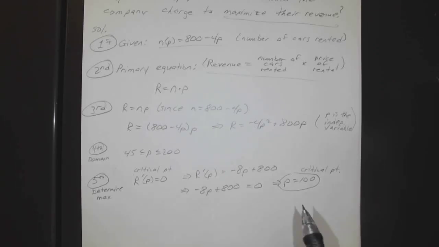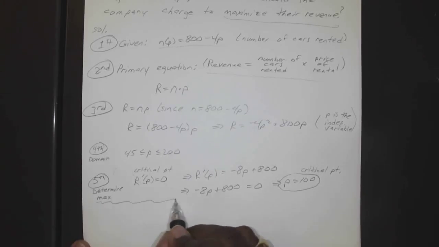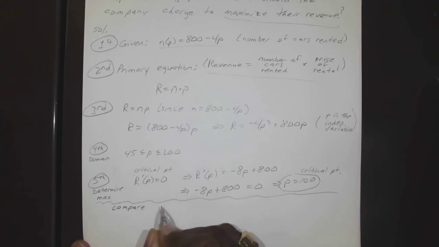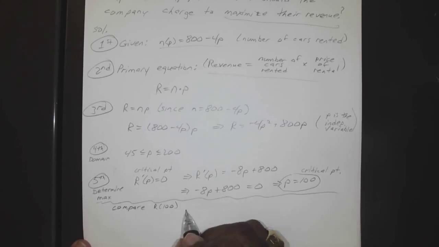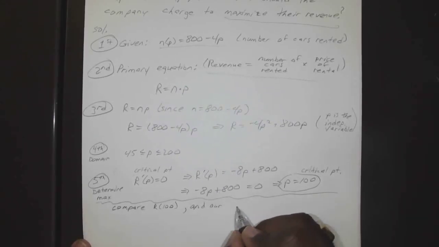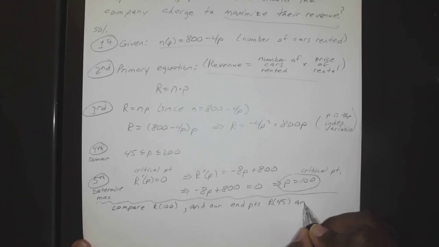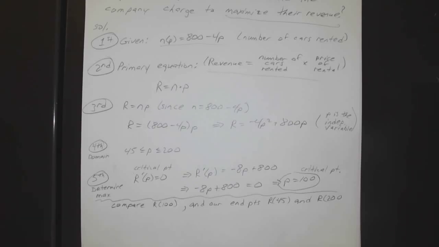Okay, so that means we have to compare our critical point. Kind of separate that. So we're going to compare R of 100 and our endpoints, which is R of 45 and R of 200, to see which one is actually the highest.